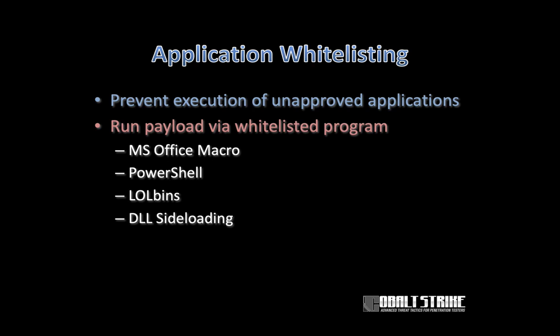And these are programs both shipped with Windows or even available for download elsewhere that are signed by a trusted party like Microsoft and have functionality that allow you to run a payload in the context of that trusted program. Another strategy is to take advantage of DLL sideloading.